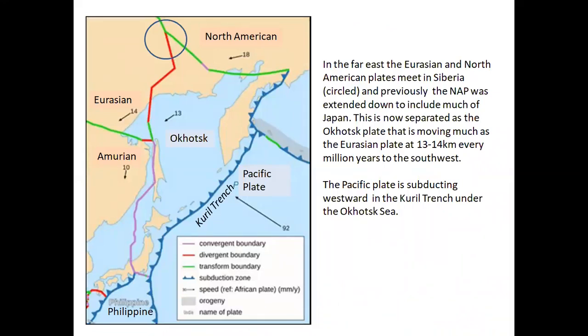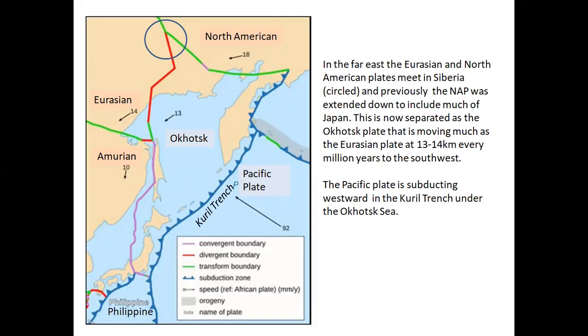Well, we're moving north. Just to read this first, in the Far East, the Eurasian and North American plates meet in Siberia, and that's circled. It's an unexpected result unless one studied the North American plate, which incidentally was previously extended down to include much of Japan.